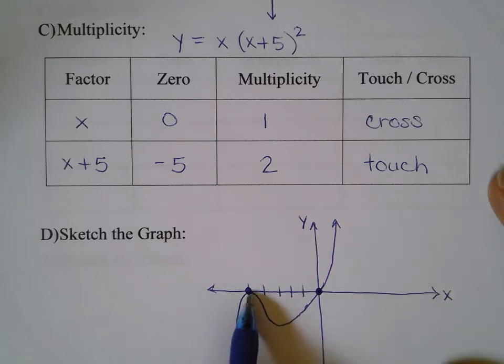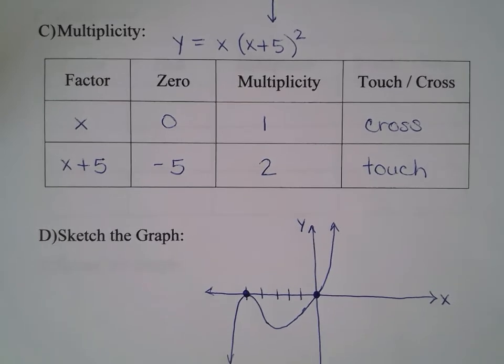The zeros should be the only place that we touch the x-axis, right? So it would not be appropriate to add in some extra little squiggles where we cross the x-axis in any other place. We are only going to touch or cross the x-axis at the zeros. Those are the only places.